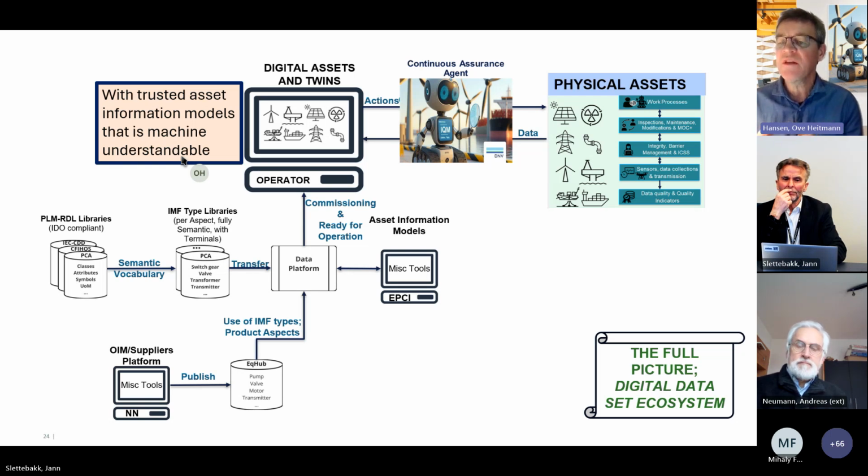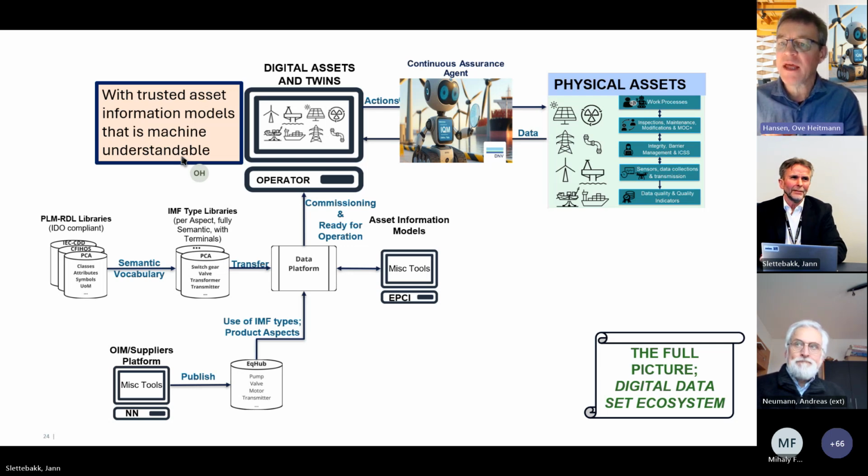We need to make sure that we understand the quality of the sensor itself, because we know that a sensor can drift or be out of calibration. All those things also need to be fed back to the digital representation, so we understand the full picture and the truth around the health of the physical asset.